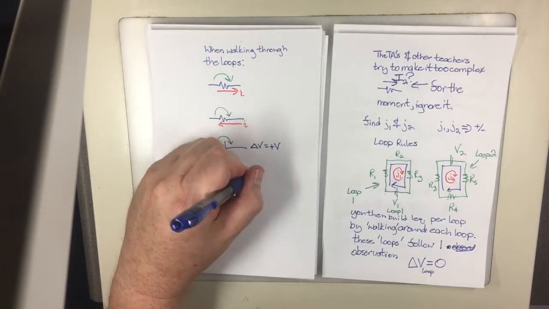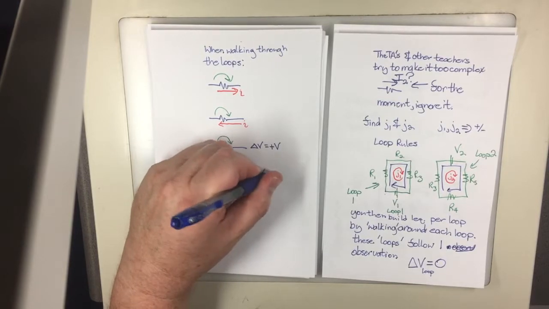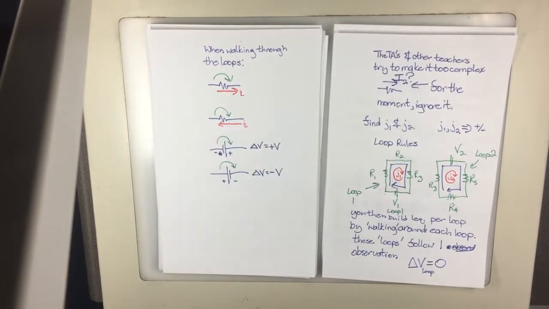From positive to negative, the delta V is equal to negative V. So it's not the direction of current that's important when determining change in potential through a battery. All that matters is from what pole to what pole am I going?